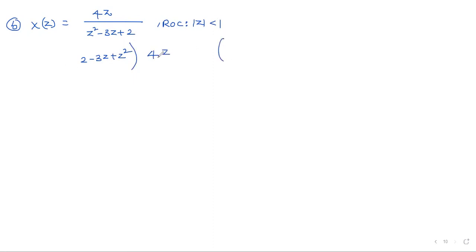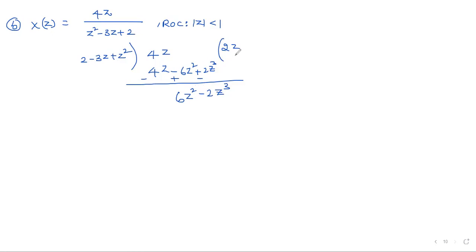Now here 2 is there, I want 4z. What do I need to do? 2z: 2 times z gives 4z minus 6z square plus 2z cube. Subtracting, 4z minus 4z is 0, leaving 6z square minus 2z cube.